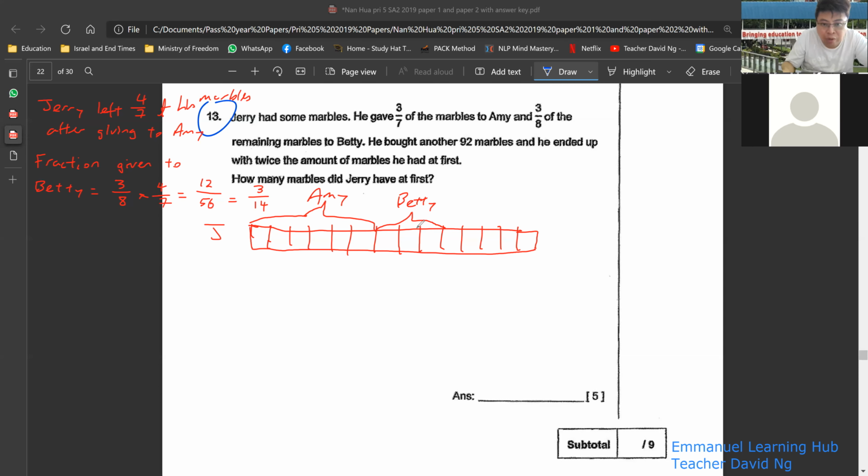He gave Betty 3/14, so that's what he's left with. Then he bought another 92 marbles and ended up with twice the amount he had at first.